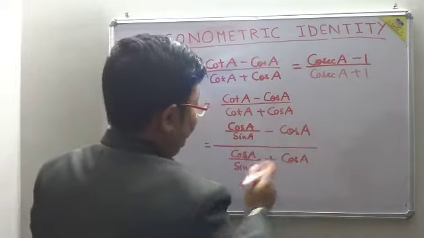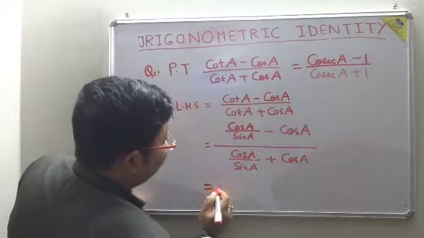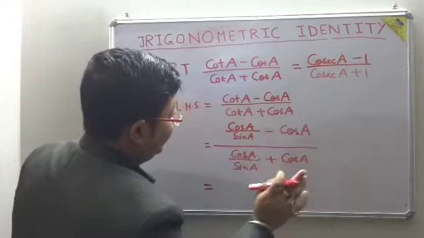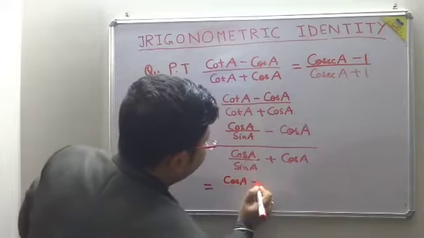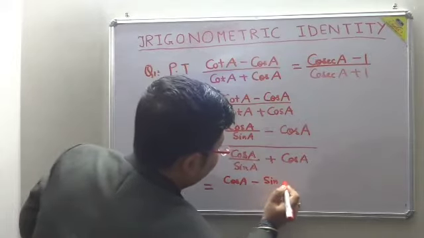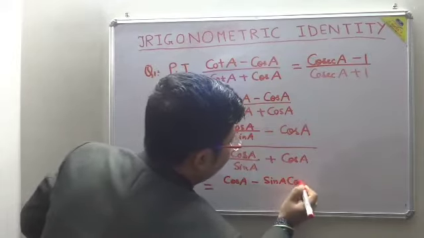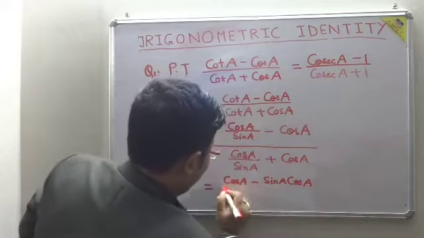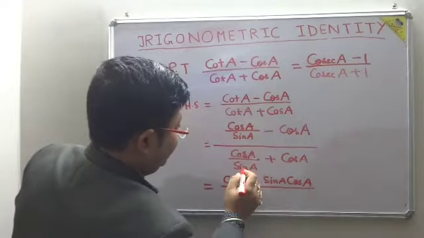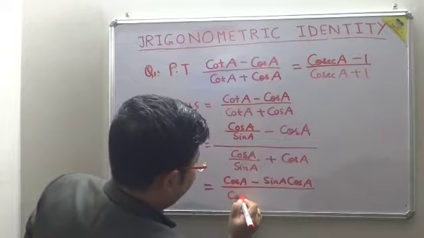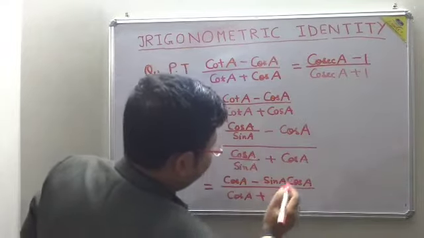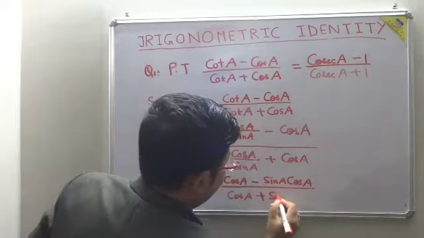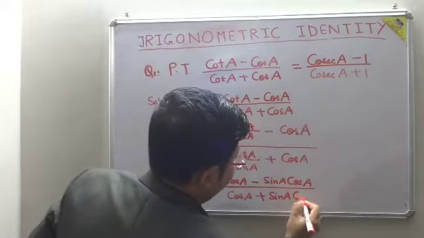Take LCM here. By taking LCM, what we will get? Sin will be cancelled out. It will remain as cos A minus sin A cos A divided by cos A plus sin A cos A.